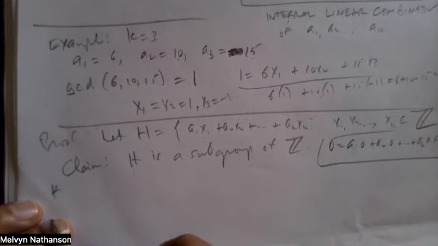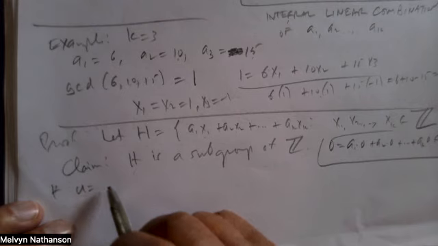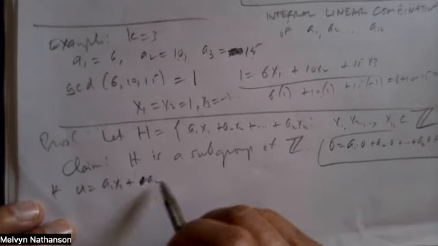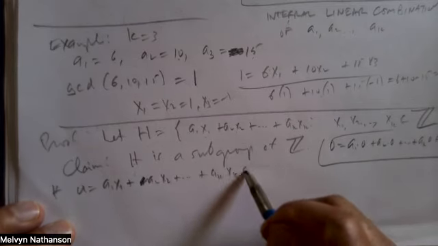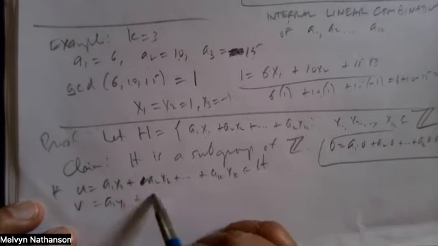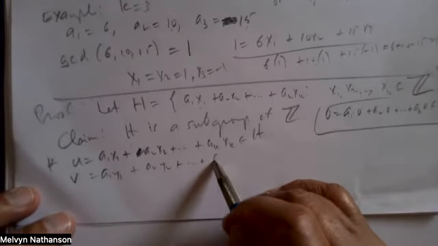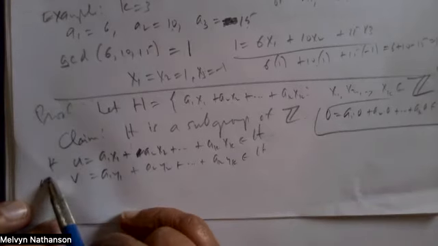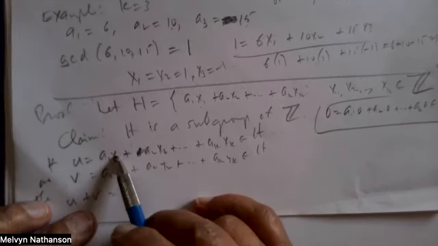And suppose I take two numbers that are in here. Suppose I take U, which is A1x1 plus A2x2 up to Akxk, in H. And V is, say, A1y1 plus A2y2 plus AkYk, in H. Then, if I add these numbers, U plus V, what do I get?